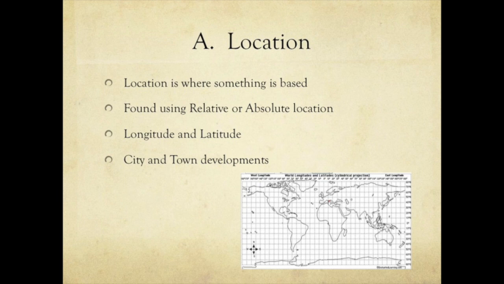When we talk about putting absolute location down, it can also be your street address. So if you live at 1313 Mockingbird Lane, that's an absolute location. But if you said I live on Mockingbird Lane, that's relative if the people know the city or town that you're talking about. So when we talk about location, we also have to remember why cities and towns were developed in the first place.